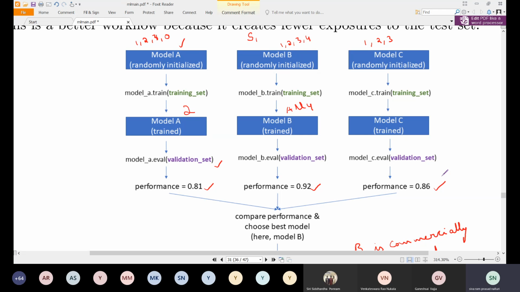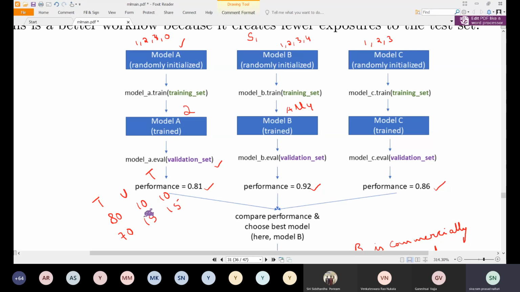And normally, it will be like this: 80%, 10%, 10%. So training, validation, testing. Okay, and it may vary slightly, 70, 15, 15.